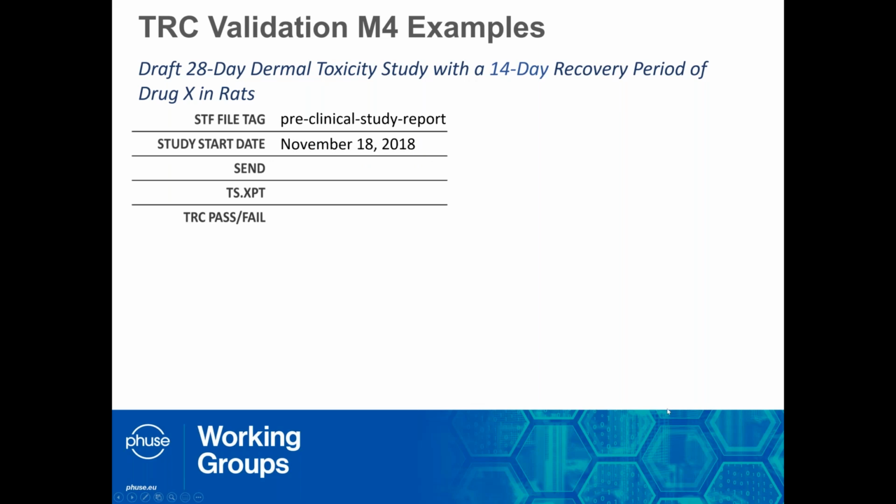This study was started on November 18th, 2018, and thus required SEND datasets and included a full ts.xpt. So provided that it met the other four high-level validation checks, the study passed the validation process.